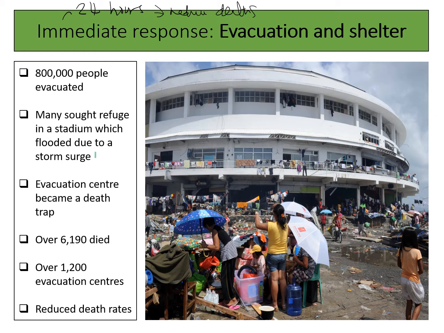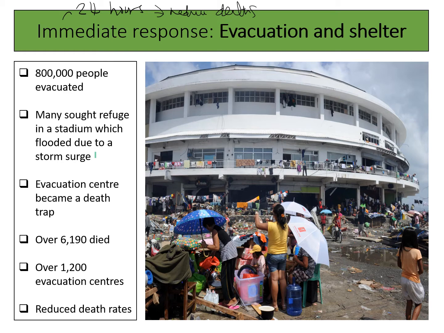There were over 1,200 evacuation centres, but the one stadium that they put the people in became a death trap. I just want you to write all these things down first and then highlight them. Is this a good response or is this a bad response? You might want to make a key and use 2 colours, and then I'll go through this information in a little bit more depth.